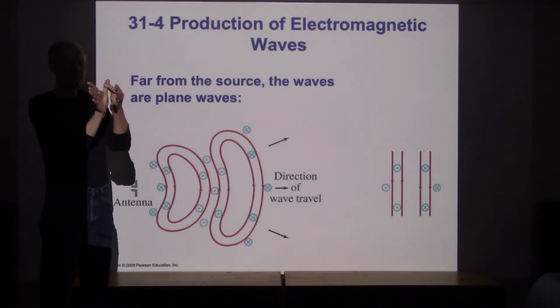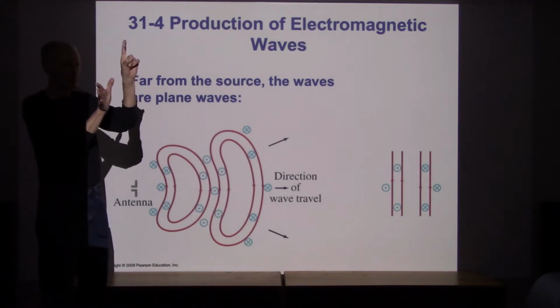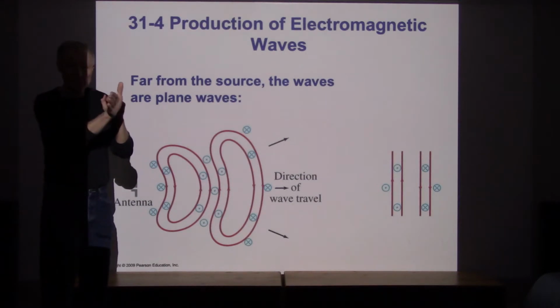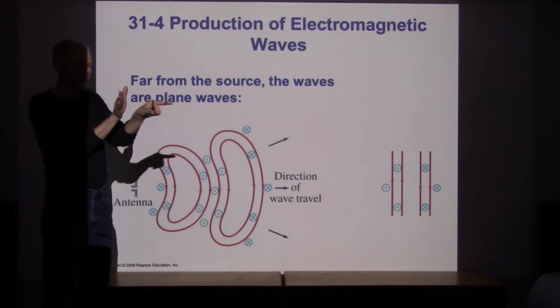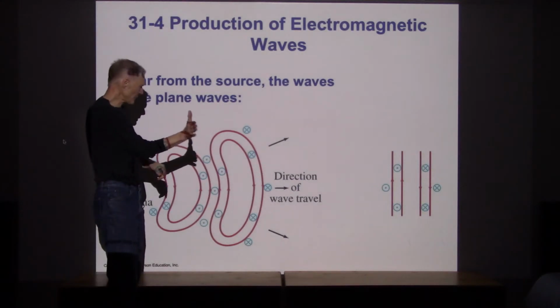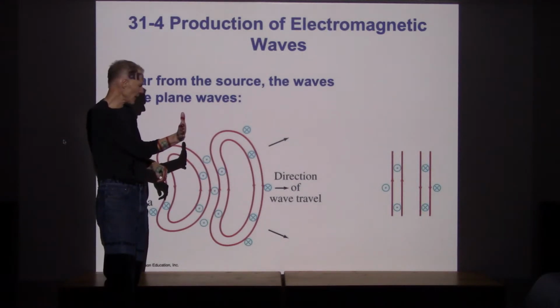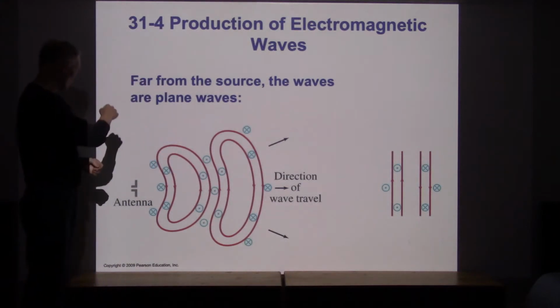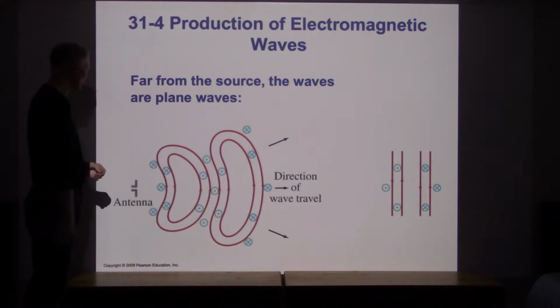So if I've got an E field that's vertical, and a magnetic field coming out of the board, then the velocity is in that direction. So that's the reversals that we're looking at from one region to the next.